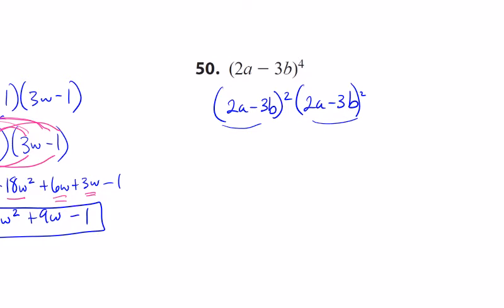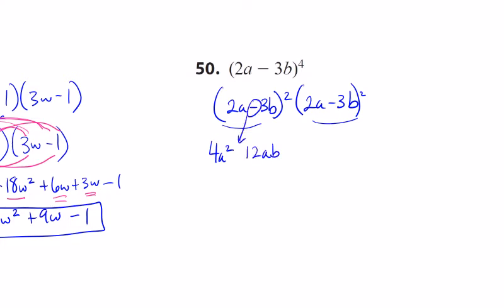So the shortcut says that I square 2a, so it's going to be 4a squared. Then I double the product of 2a times 3b. So 2 times 2a is 4a, and 4a times 3b is 12ab, I should say.